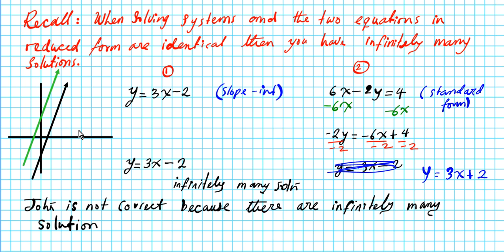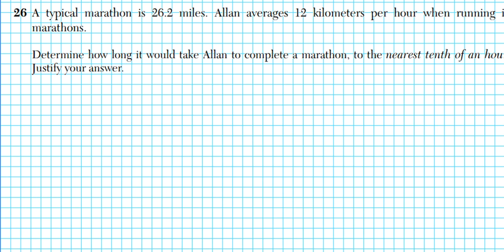So if you have identical slopes with different y-intercepts, you have no intersections, no solutions, so your answer will be the empty set. But that is not what we have here. In this situation, we have identical equations, which means that the lines overlap perfectly, which results in infinitely many solutions.